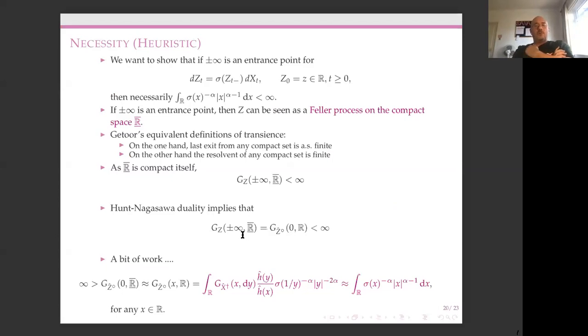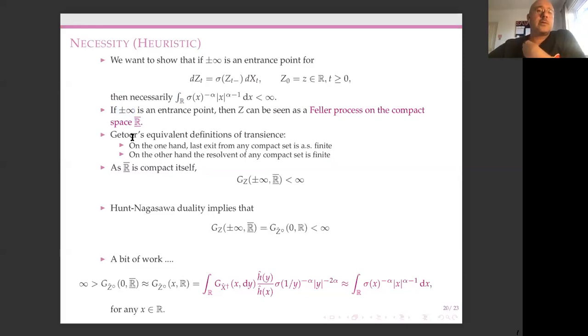So if I want to understand a necessary integral condition for this process to enter at plus minus infinity, if I want to show that entering at plus minus infinity necessarily implies that this integral test holds here, then I can think of this one point addition as a compactification of the space, and then I look at Getoor's.